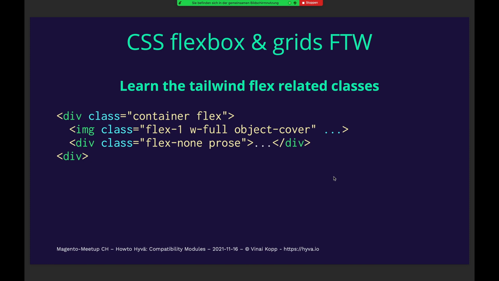One thing that I really would recommend anybody starting out with Hyvä is learn the Tailwind Flex related classes. Flexbox is used a lot and it's super handy. So a lot of the things that I usually try to do, I end up using Flexbox. There's also a bit of use of CSS grids, but not as much as Flexbox.